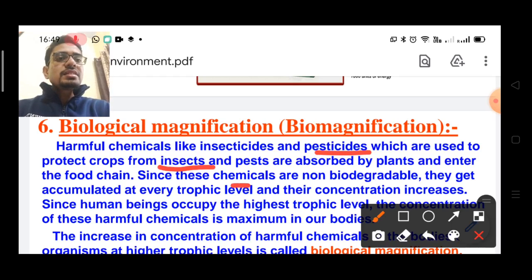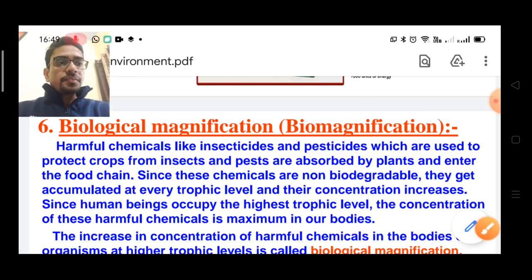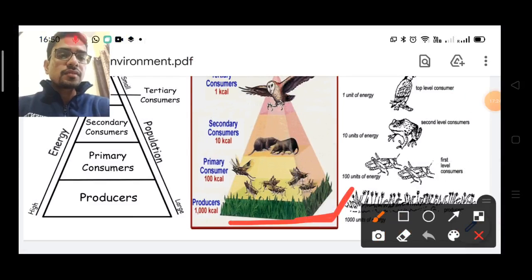Since these chemicals are non-biodegradable, they get accumulated at every trophic level and their concentration increases. As soon as we use them on plants, they enter the food chain, and because they do not biodegrade or decompose, they increase at every trophic level. So these are the plants which have insecticides. These get eaten by primary consumers.